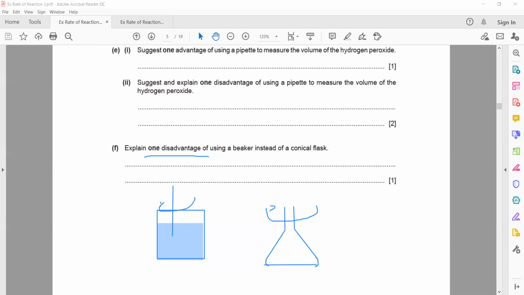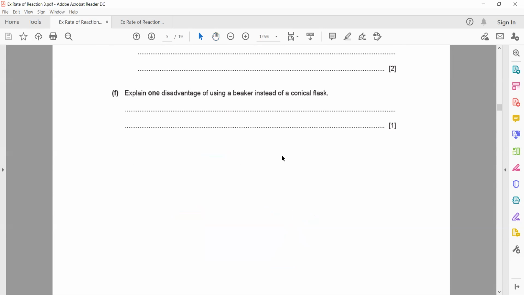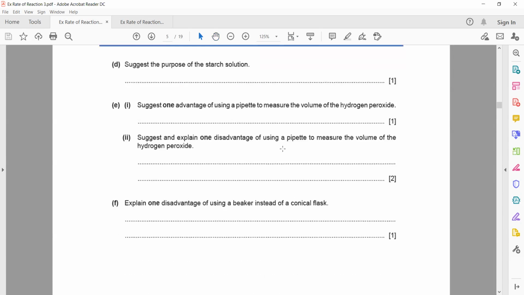It is difficult to mix a solution in a beaker compared to a conical flask. Is this clear? Any doubt in this? These are experimental techniques which are used for certain experiments.